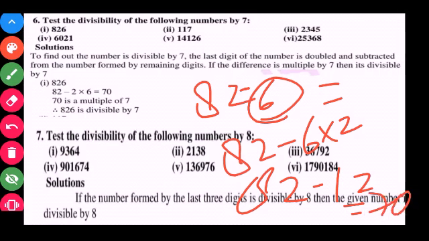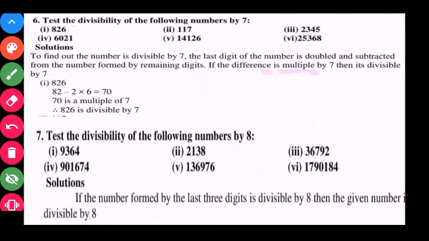And you know 70 is a multiple of 7, therefore the given number is divisible by 7. Understand? So to check divisibility of 7, we double the unit place digit and subtract it from the number formed by the remaining digits.